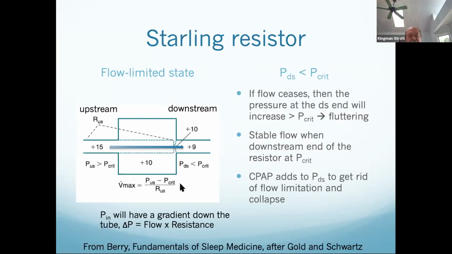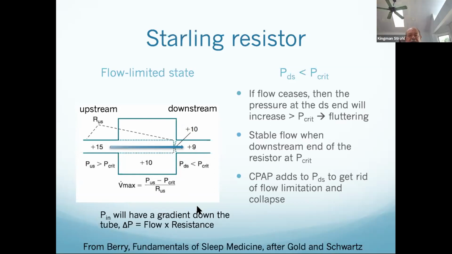Now, I don't know if Gold and Schwartz would say that CPAP adds to P downstream, because really its flow is related to the upstream pressure. So that's okay, just in terms of your slide. Okay. So the way I think of it though, so to create this, if you're able to add pressure to here.